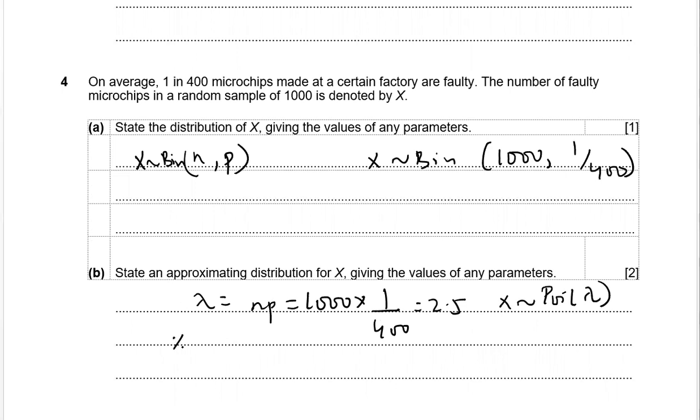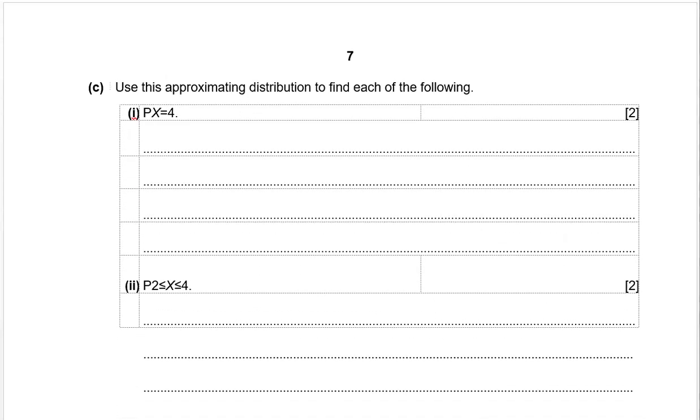Okay. So X is following Poisson 2.5. Since NP is less than 5, so we would approximate using Poisson. So this is important, right? Otherwise, normal would have been taken.